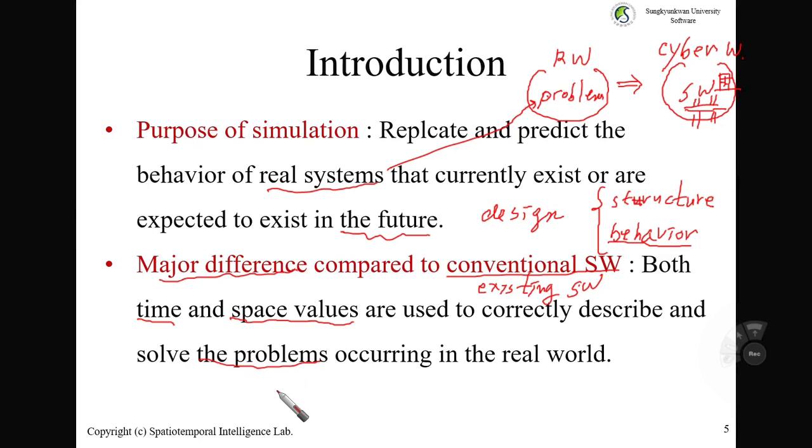The target system or the real system. So we need both time and space values, which also means that in conventional software, only space values were used in writing programs and solving problems with the software you have written.